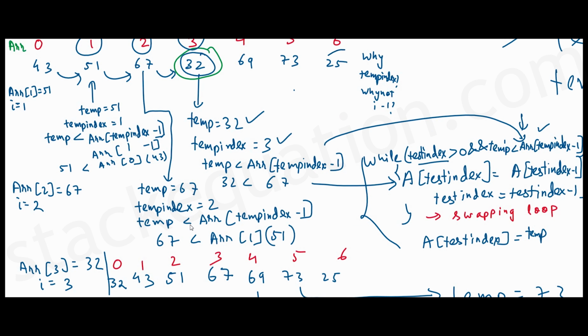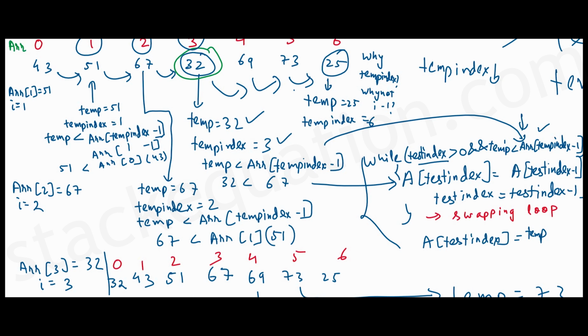Inside this loop, it will do all the swapping. That means 25 will be stored as temporary, right? And temporary index will be 6, and temporary index will keep decrementing till all the elements move to the right.